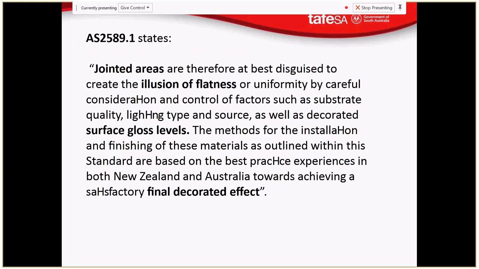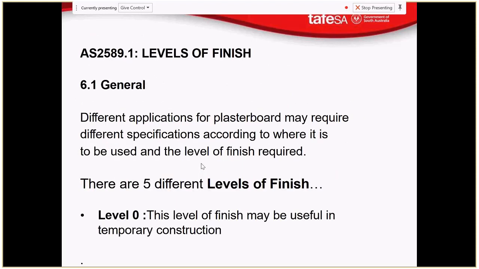Unless we choose to have expressed joints, we want those joints to be invisible. We don't want people to be able to tell where the plasterboard sheets are joined, and that level of finish may be dictated by the lighting scenario or the gloss finish on the paint.